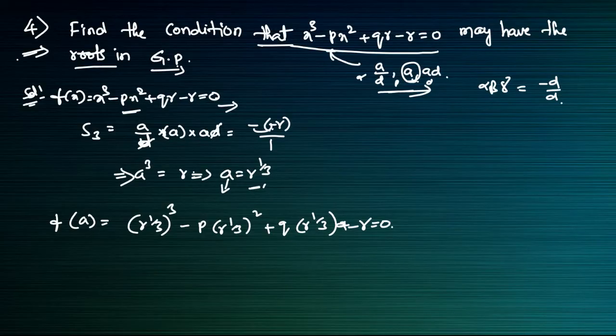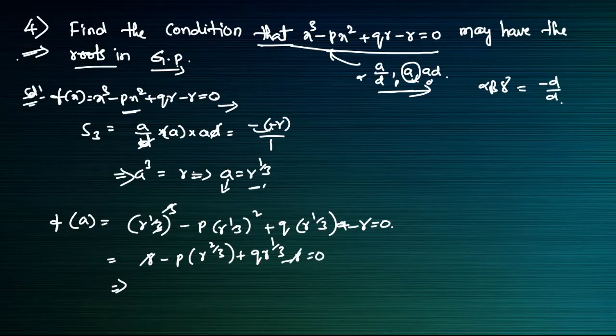The 3s get cancelled, so r minus p into r power of 2 by 3 plus q into r power of 1 by 3 minus r is equal to 0. So r minus r will get cancelled here.